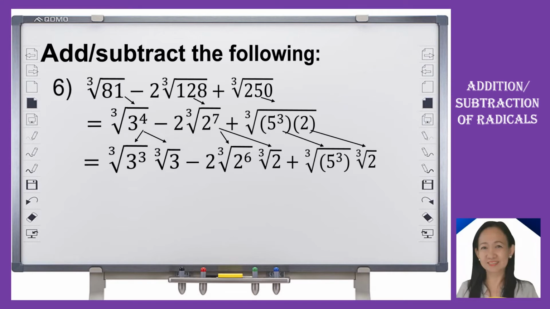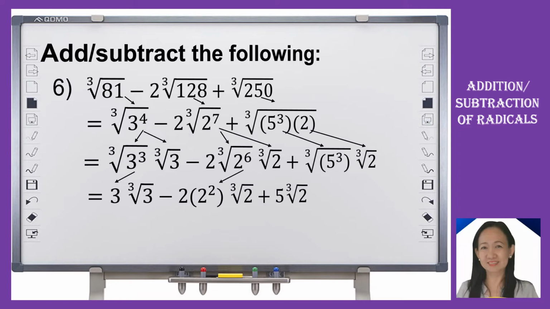Simplifying the perfect cube root, we will get cube root of 3 cubed is 3. Cube root of 2 raised to 6 is 2 squared. And cube root of 5 cubed is 5.